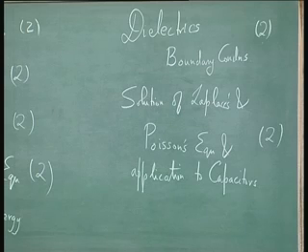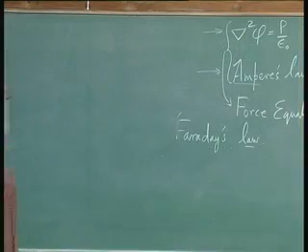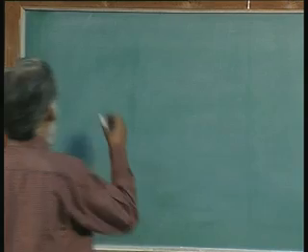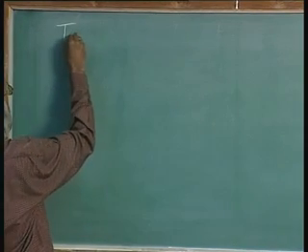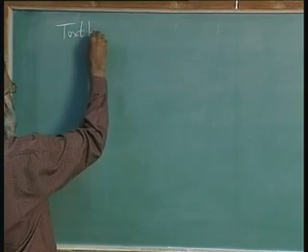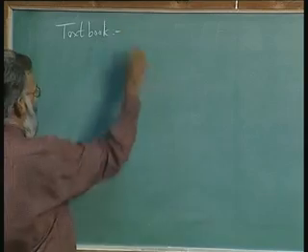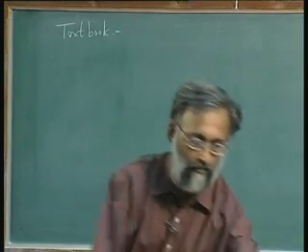Okay. So, as I said, I first would like to start with a little bit of review. Before that, let me also introduce the textbook for the course. The textbook is this book.